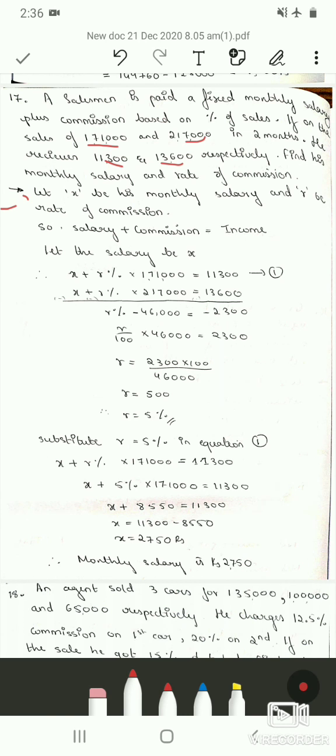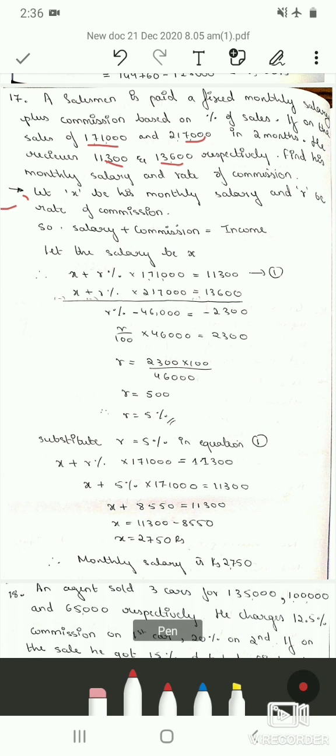For the second equation, we can obtain salary plus commission, which is rate percent into 2,17,000. For that he gets in total 13,600. So here 13,600 is the income, X is the salary, and this is nothing but commission.